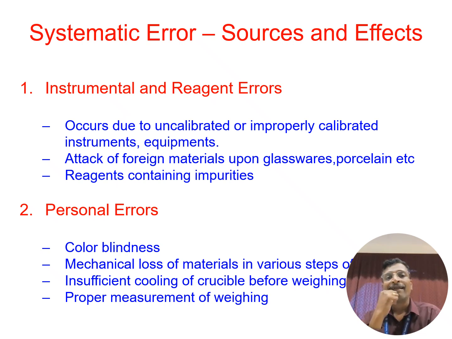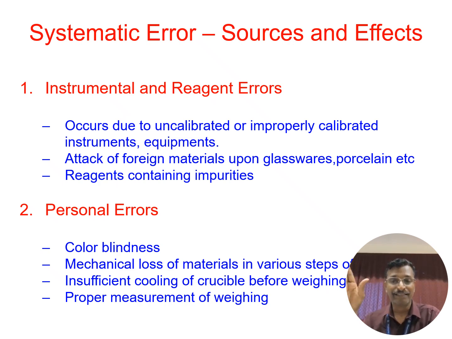Okay, then attack of foreign material. That means suppose you are using any glassware, like a reagent bottle, a pipette, a burette, or a conical flask, whatever it is. If any unwanted or foreign materials stick on the glass wall, slowly it may carry into your analysis.